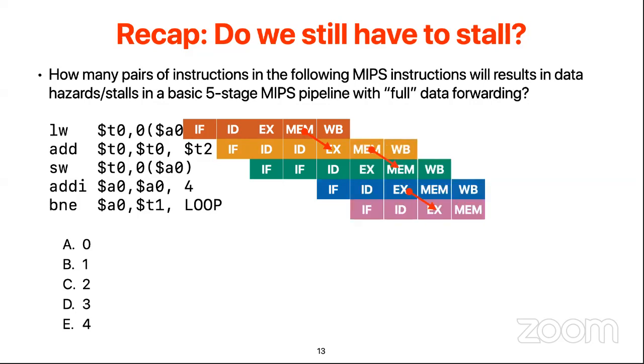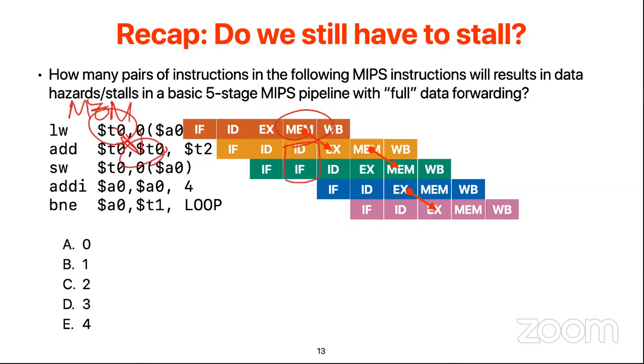And if you just don't want to understand what's going on in the hardware, I can just tell you: for anything after a load, if it's depending on the output of the load, it has to stall, because the value is ready only by the end of the memory stage, and before that no one can get a right result.